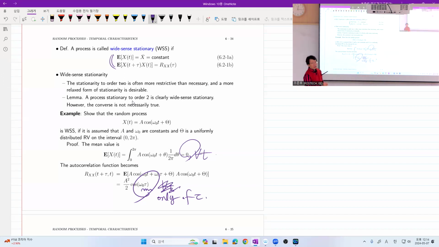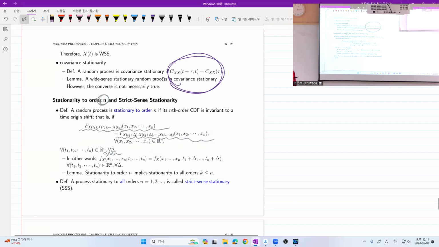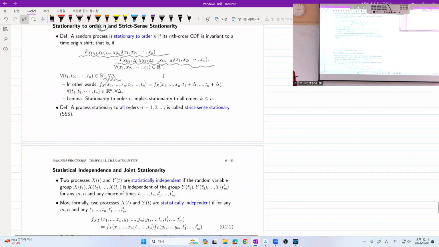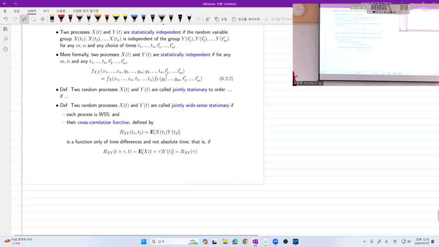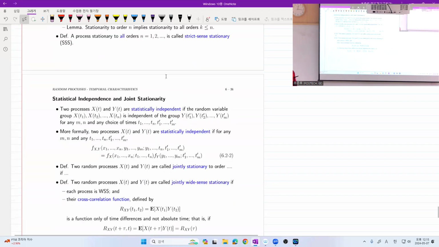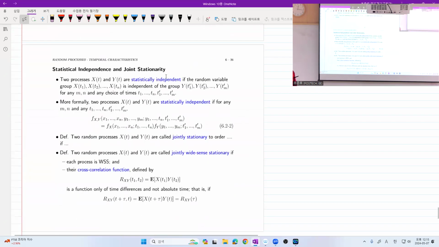However, it's better to have nothing. Okay, so you must be careful. We've already covered stationarity to order n and strict-sense stationarity, and unfortunately, we couldn't reach statistical independence.